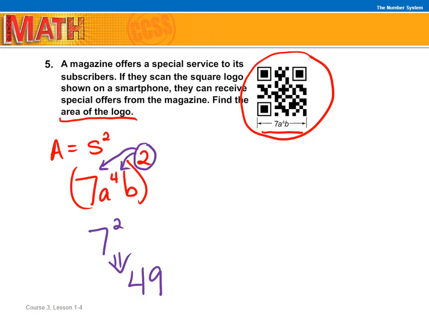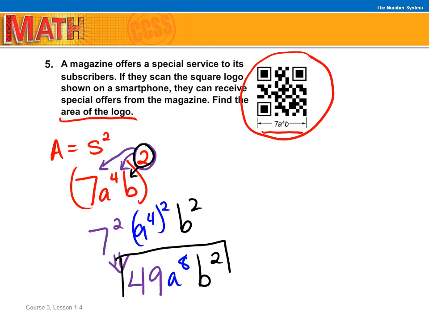Take the a to the fourth power. That's going to give us a to the eighth power. And last but not least, the 2 goes to the b squared, and b squared can be written just like that. So our final answer is 49 times a to the eighth power times b squared.